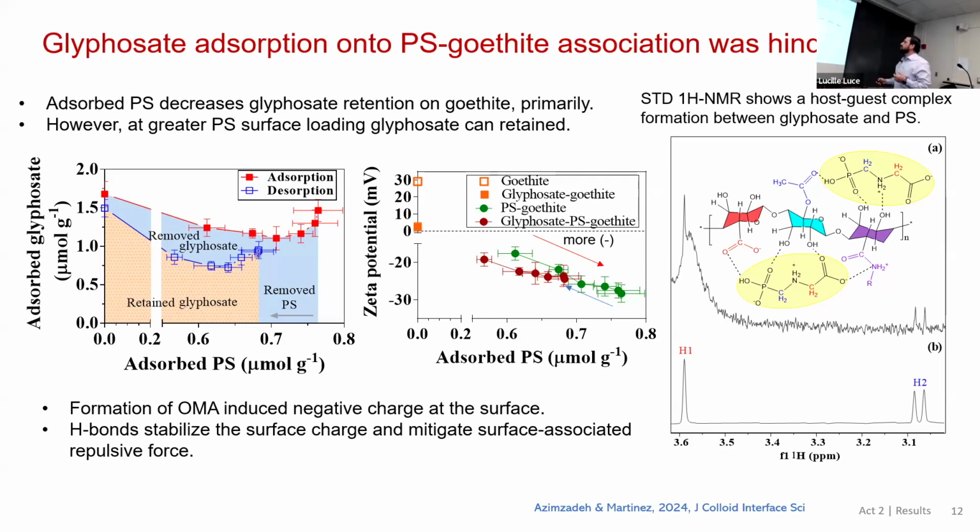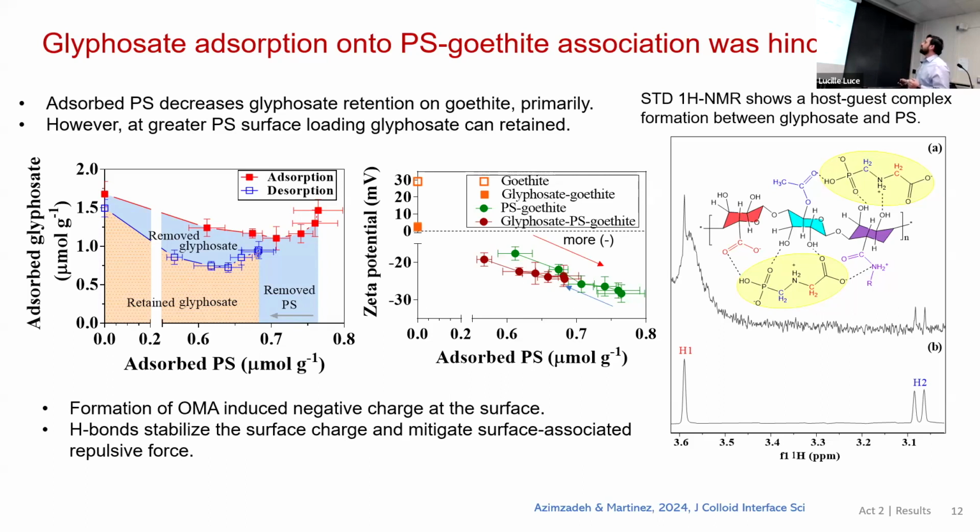Fundamentally, I have one more question. What is happening? Why do we see this increase for charge? So I looked in a little more detail using the STD-NMR technique. STD-NMR is a very good technique to study host-guest complexation between proteins and small ligands. This is the combination of glyphosate and polysaccharide. We had a sample, this is just glyphosate only.